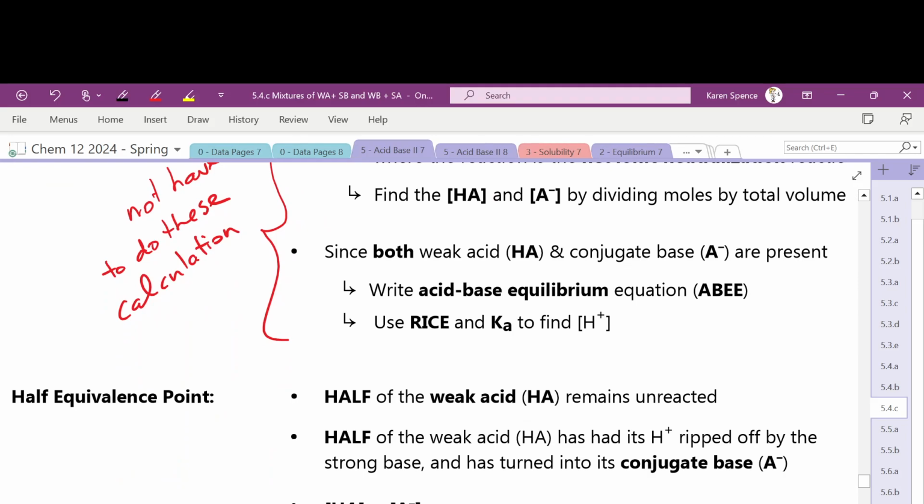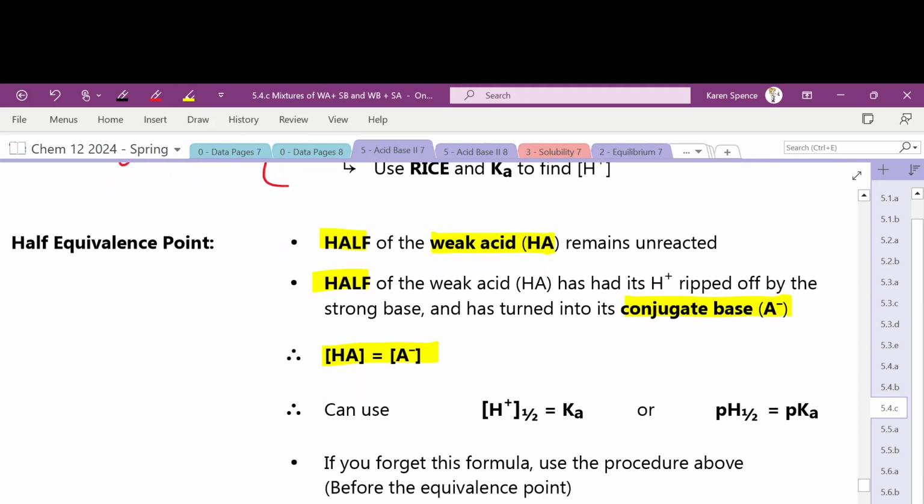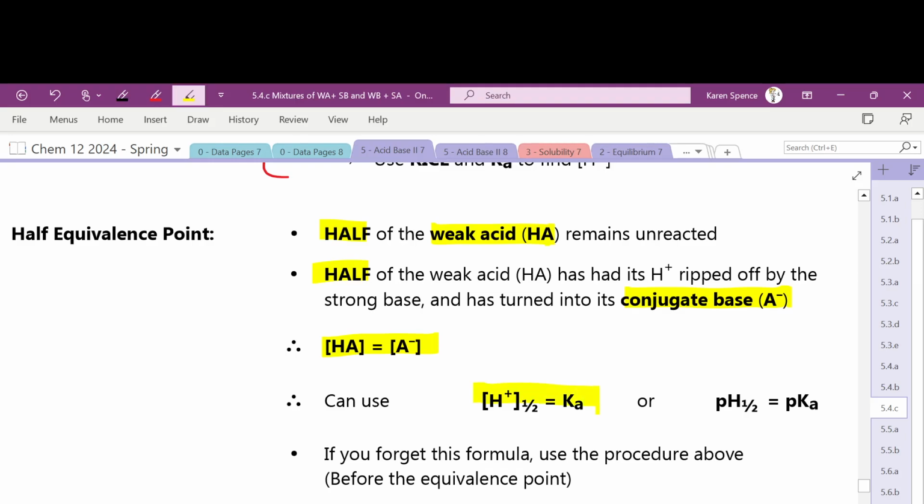At the half equivalence point, half of the weak acid remains and half has been converted into the conjugate base. That means HA is equal to A minus, and you can just use H plus at the half equivalence point is equal to Ka, and you do need to know this.